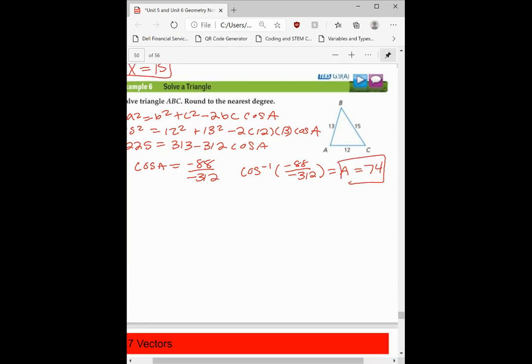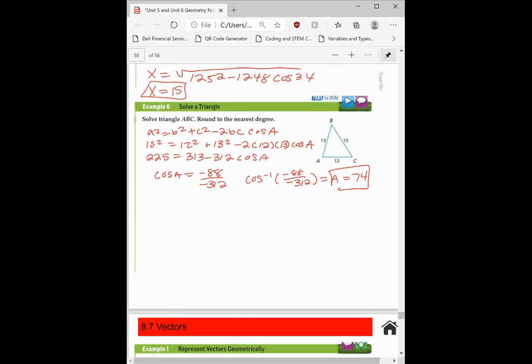Now I have to use the law of sines. Okay? So sine A over a is equal to sine B over b. Sine 74 over 15 is equal to sine B over 12.